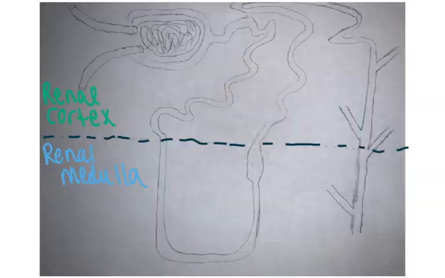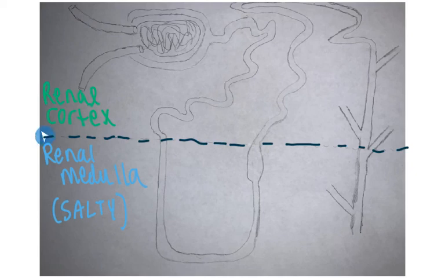But that's not the same as renal cortex and renal medulla. Renal cortex and renal medulla is when we're talking about the nephron, not the adrenal gland, okay? And so know that the renal medulla is going to be very salty, and we'll see why as we dive deeper into the kidneys.